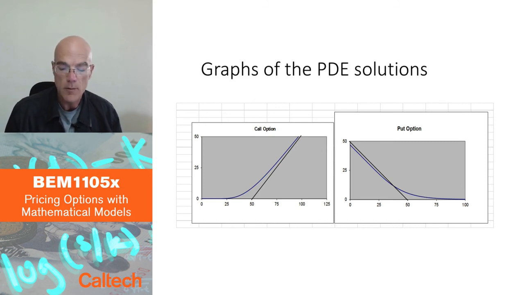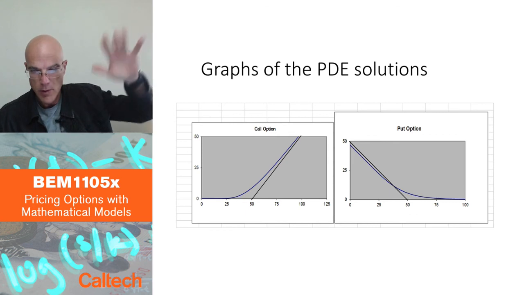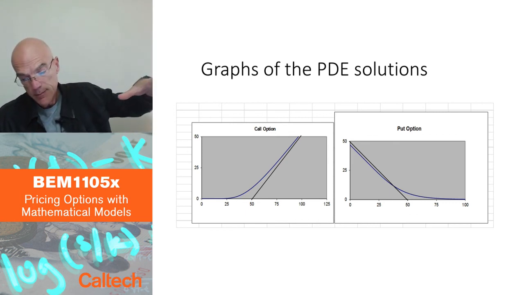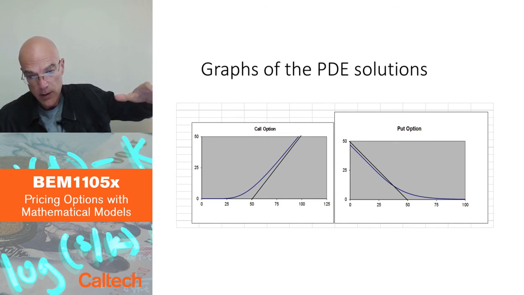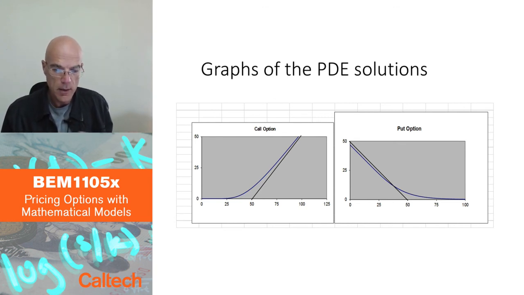Just to recap what they did, they suggested a model with this geometric Brownian motion, exponential Brownian motion, for the stock price. They derived a partial differential equation for the price from the logic that if you can replicate one asset by the other two assets, then you know what the value of that asset has to be.